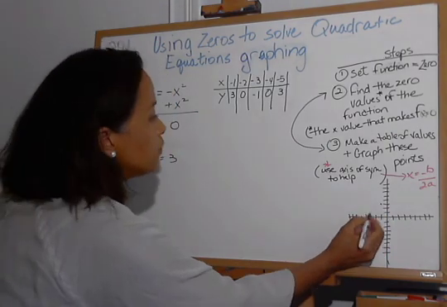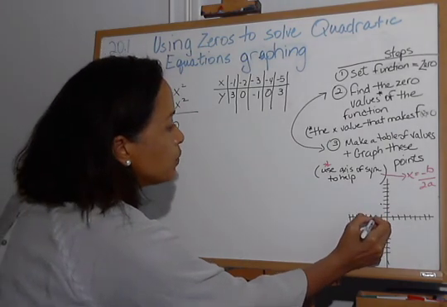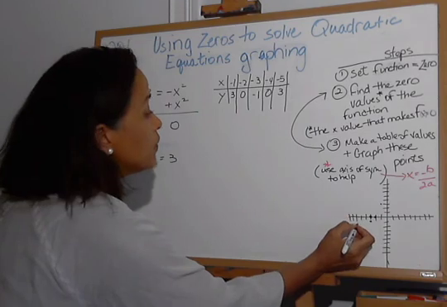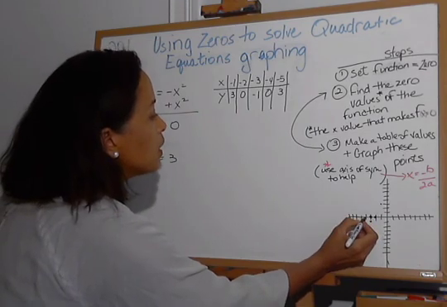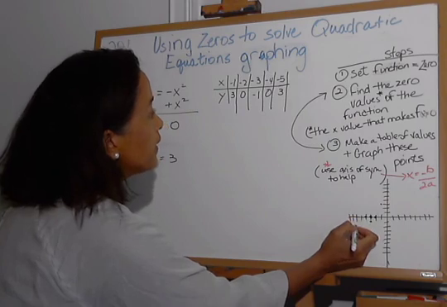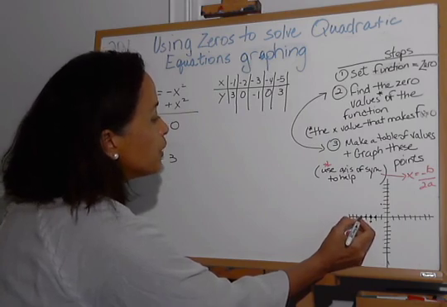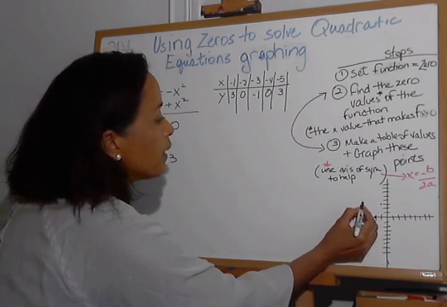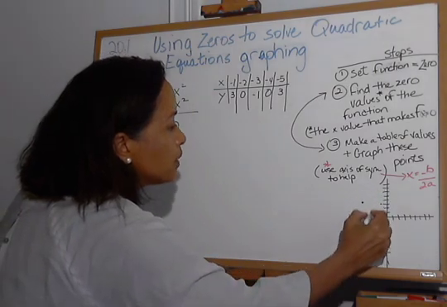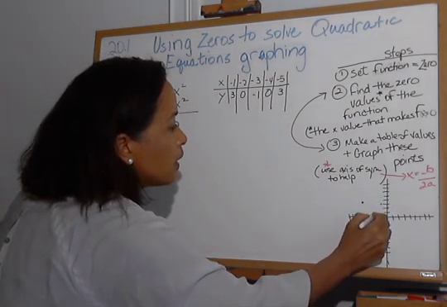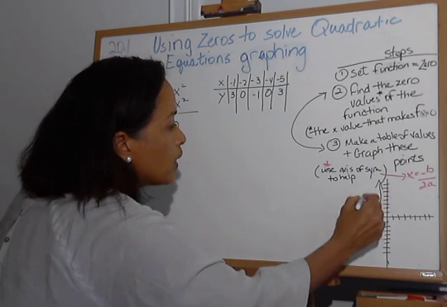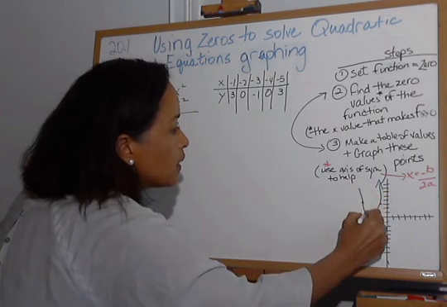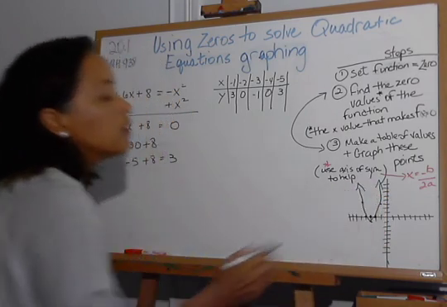Then we have negative 2, 0, negative 4, 0, and negative 5, 3. So the parabola looks like that.